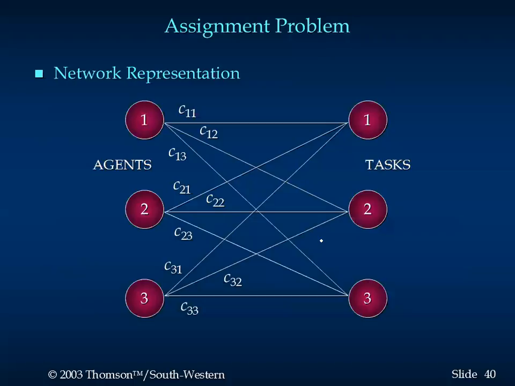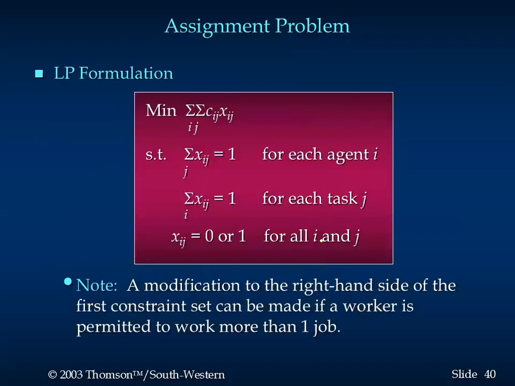By the way, the linear programming formulation is also simple. Minimize the summation of Cij into Xij, summed over i and j, with binary variables. This is an application of binary variables. Either we assign the worker or we don't. If we assign the worker, it's a 1; if we don't, it's 0.